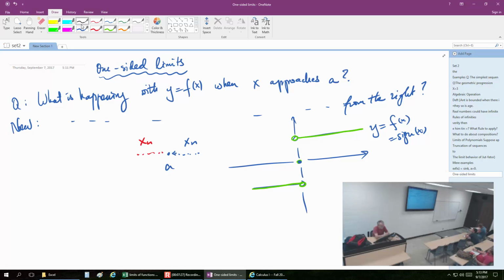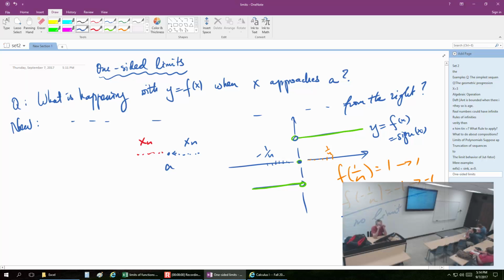You might remember that if you start with a sequence on the x-axis like 1 over n, f of 1 over n is equal to 1, and therefore the limit is 1. But f of negative 1 over n is negative 1, so then it converges to negative 1. So the behaviors on the left and on the right are different, and that's why there is no limit.